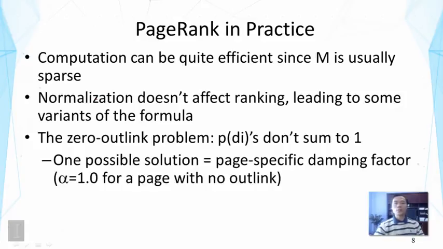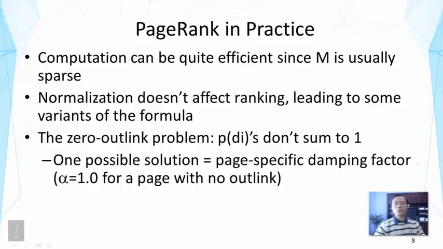There is also this potential problem of zero outlink problem. In that case, if a page does not have any outlink, then the probability of these pages would not sum to 1. Basically, the probability of reaching the next page from this page would not sum to 1, mainly because we have lost some probability mass when we assume there's some probability that the surfer will try to follow links, but then there's no link to follow, right?